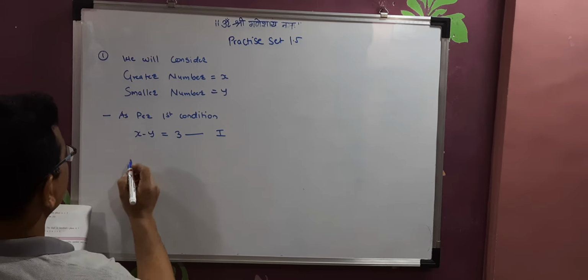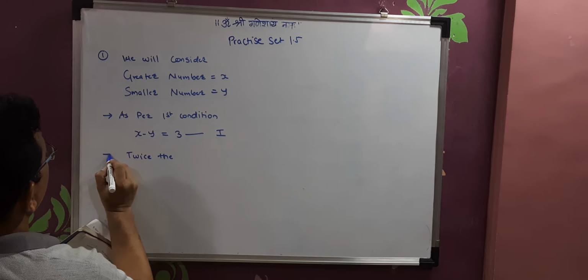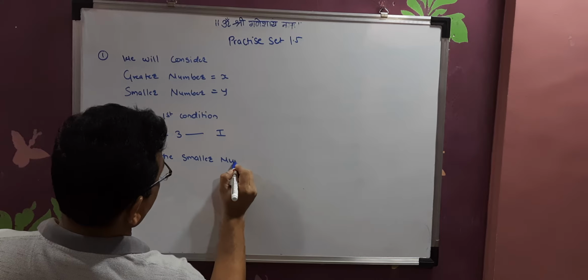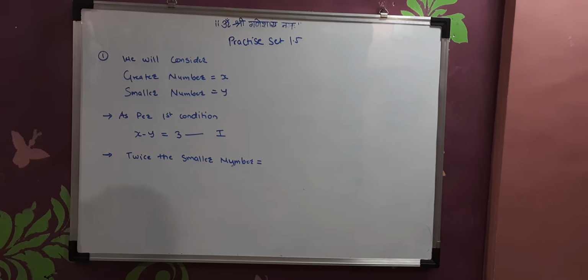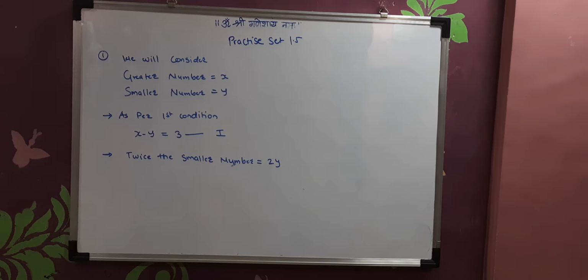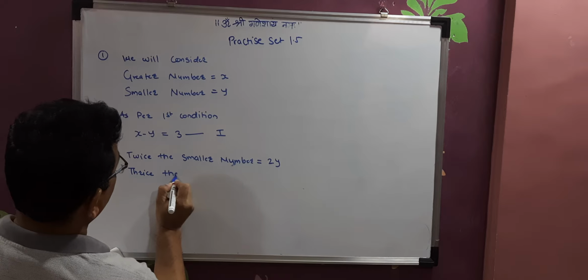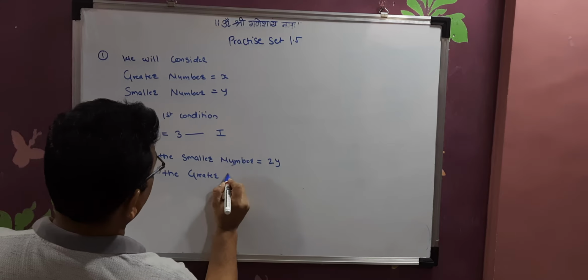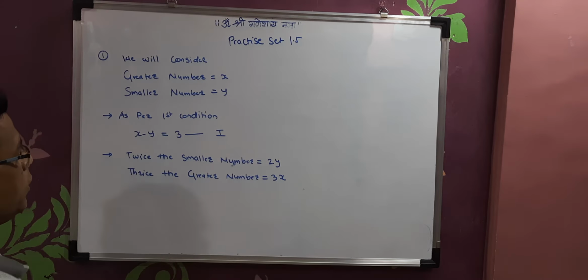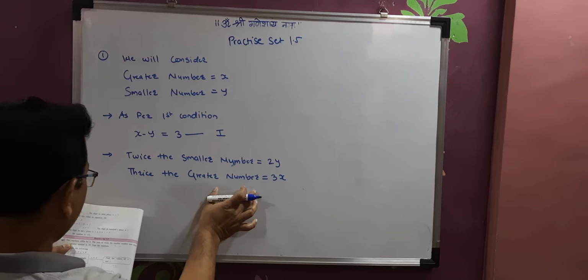Now the second condition is the sum of twice the smaller number and thrice the greater number is 19.